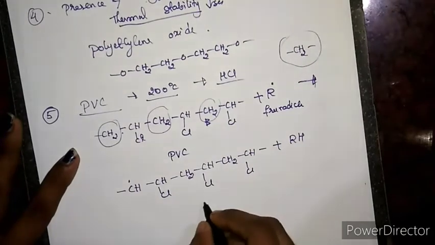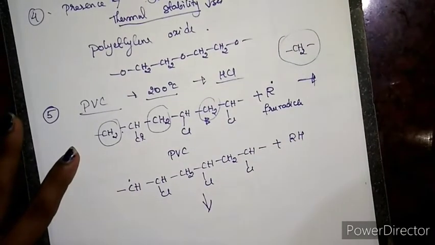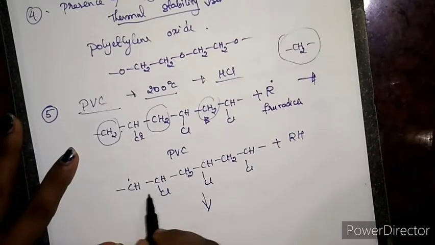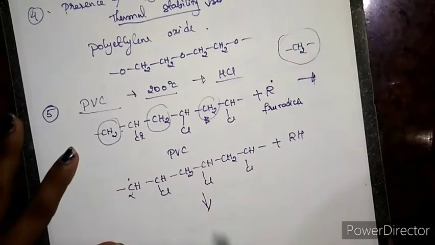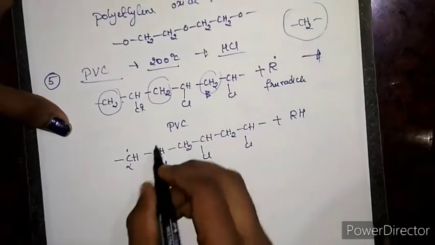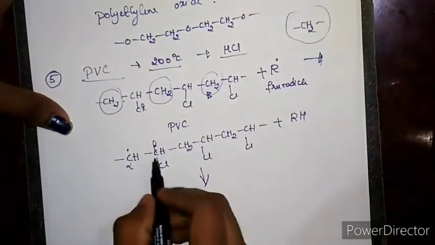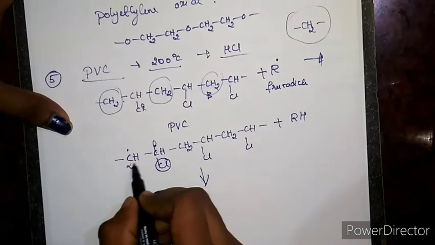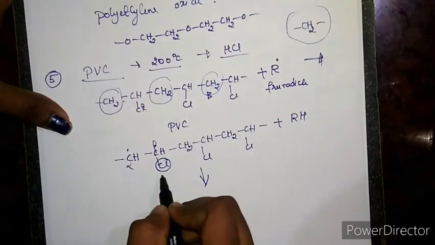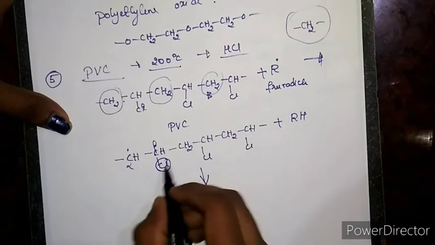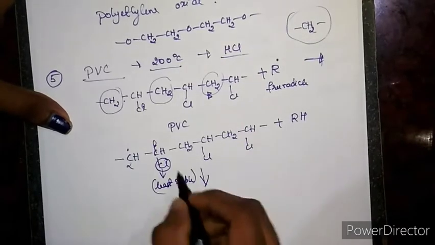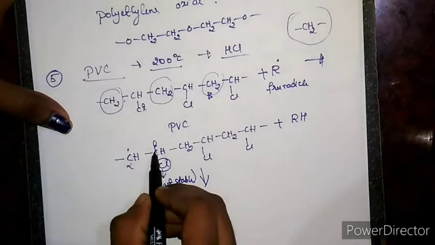Now in the next step, the beta chlorine atom is involved. This is the alpha carbon, and this is the beta carbon.